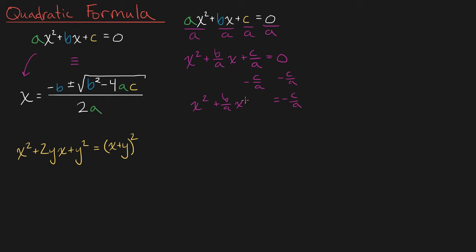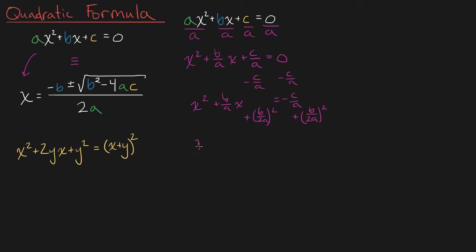So I'm going to add, and I'll put this below to show that it's an addition, b over 2a squared to both sides. Of course, whatever I do on the left-hand side, I have to do on the right-hand side also. So I have b over 2a squared being added to both sides.